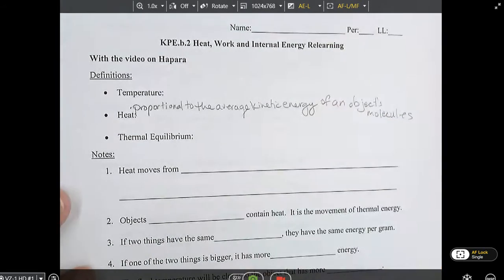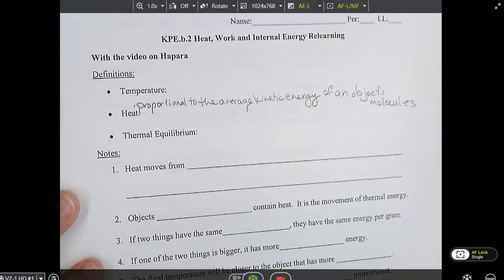So it's directly proportional. So as one increases, the other increases by the same factor.